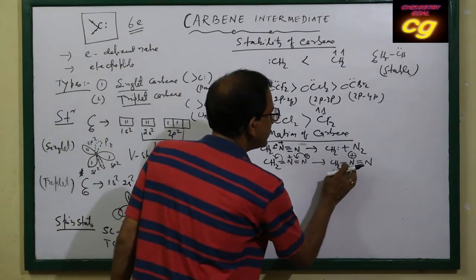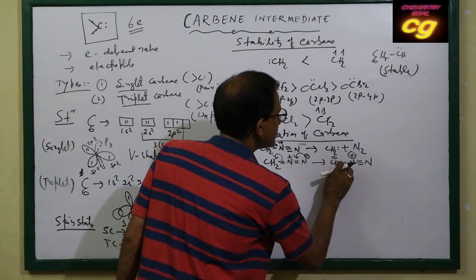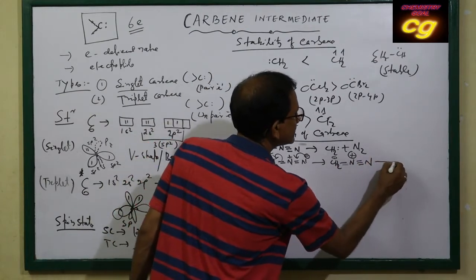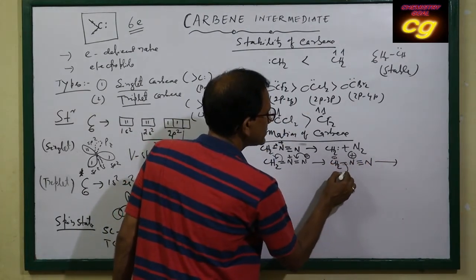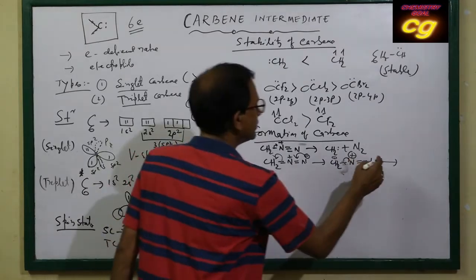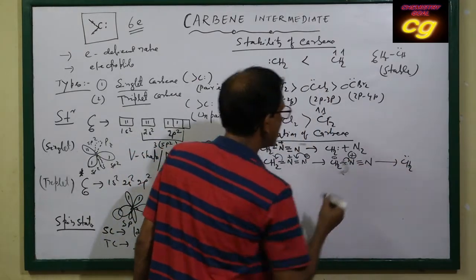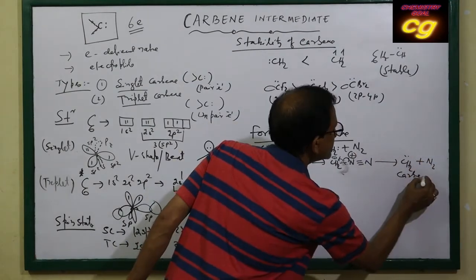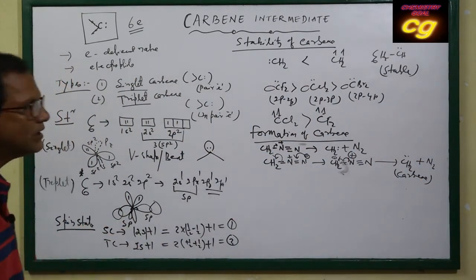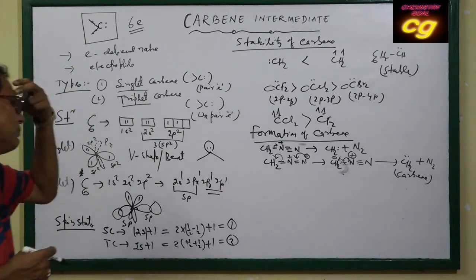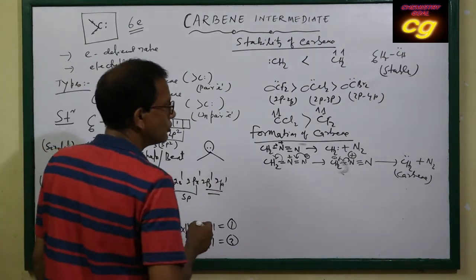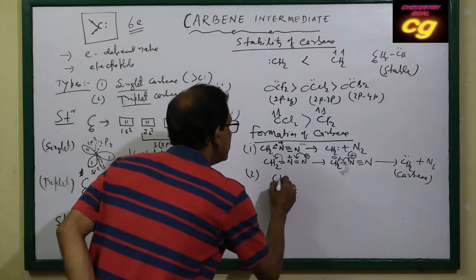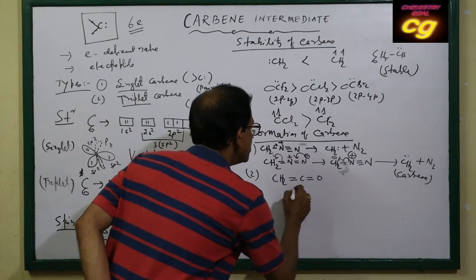Then when it breaks towards carbon, CH2 having two electrons is formed, along with nitrogen. This is called carbene, this is called methylene carbene. And this methylene carbene can also be produced from ketene. From ketene, methylene is also produced. This is called ketene.